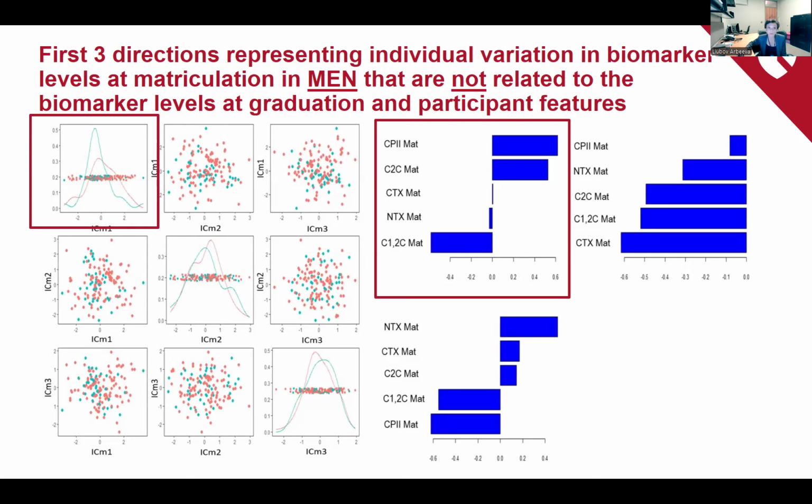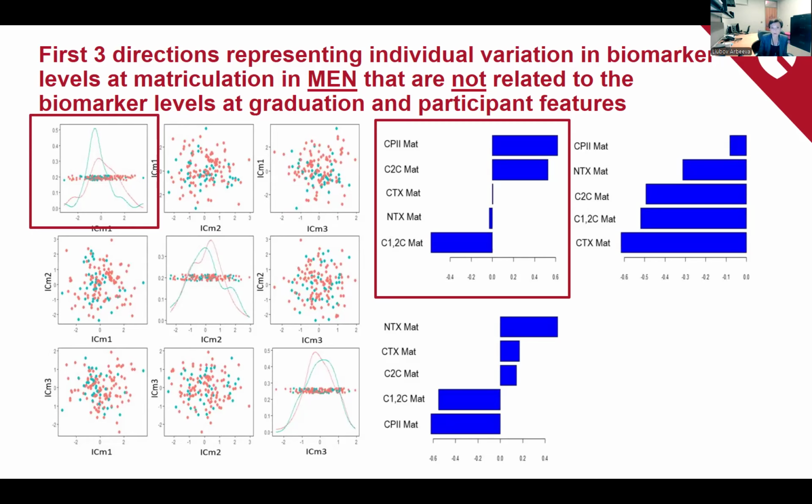And now let's move to the left part of the slide. Men who experienced knee injuries during and after school had lower individual scores. This is a blue line. And it suggests that a low cartilage synthesis prior to injury, in particular low CP2, can be an injury risk factor.